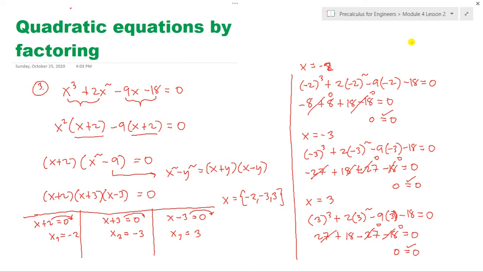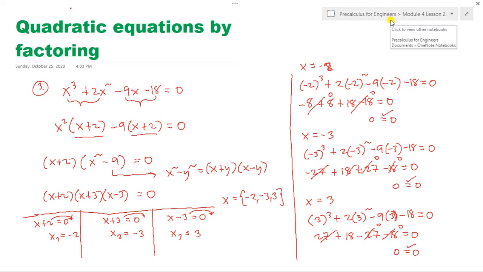Again class, the solutions are called roots, for quadratic, or even cubic equations. That is another term to represent the solution of our equation. Here we have 3 roots, and in the previous we had 2 roots since we only had 2 solutions.